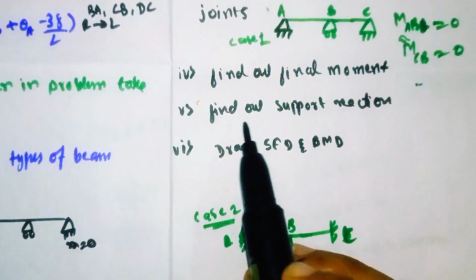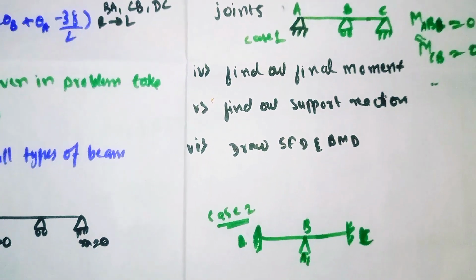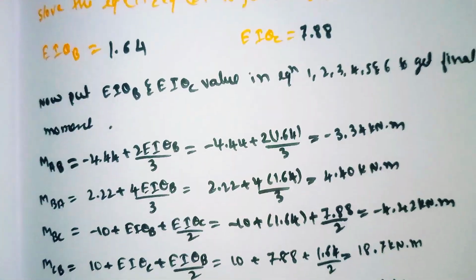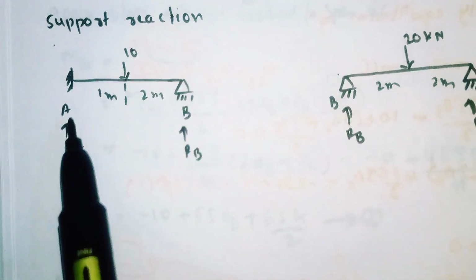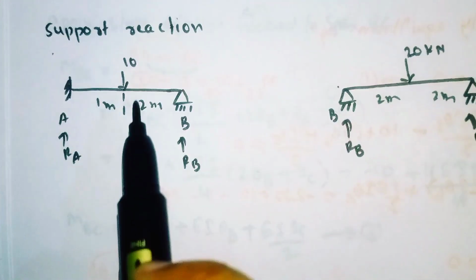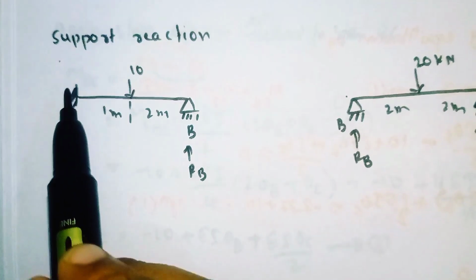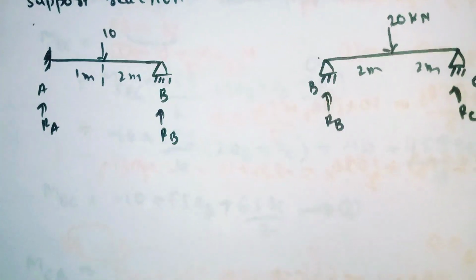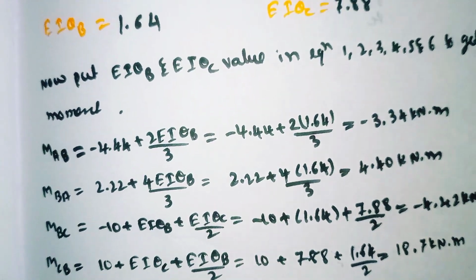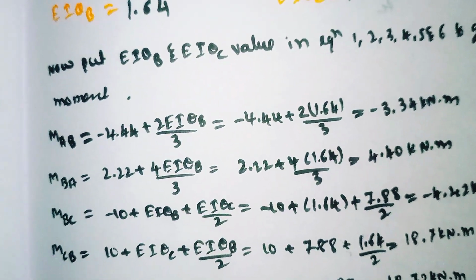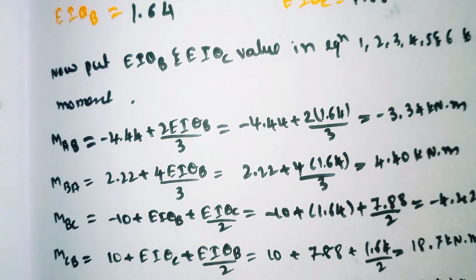Our next step is to find out the support reactions. I have drawn the span separately. For span AB, the final moment value we got for MAB was minus 3.34, and MBA we got was 4.40.